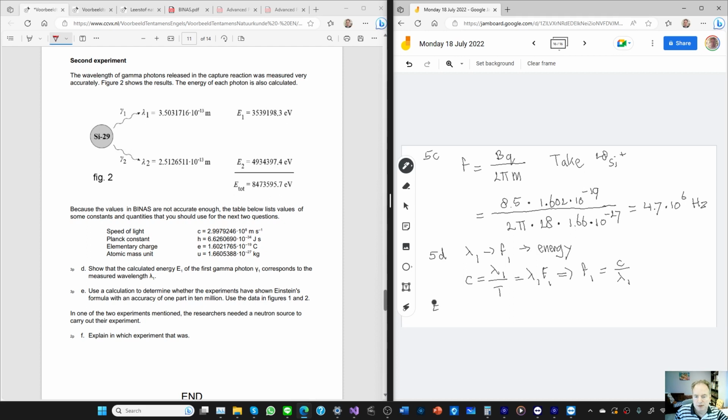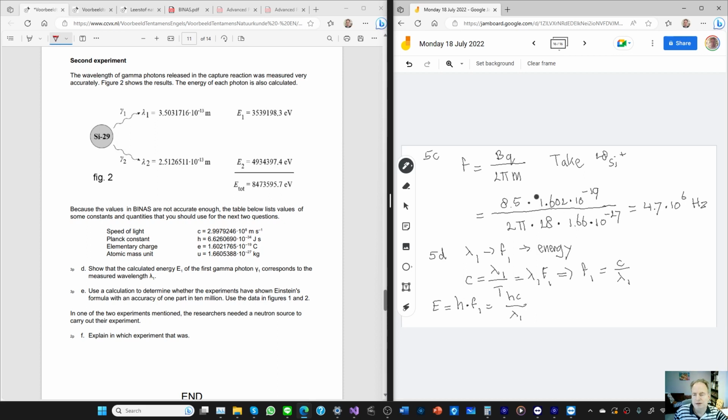I can then say that the energy equals Planck constant times the frequency. So that's h times c divided by lambda 1. And this is in joule. And if I want to convert this into eV, then I need to divide this by the elementary charge.